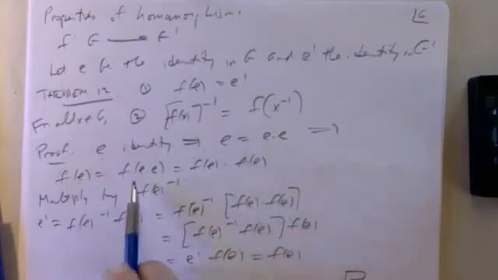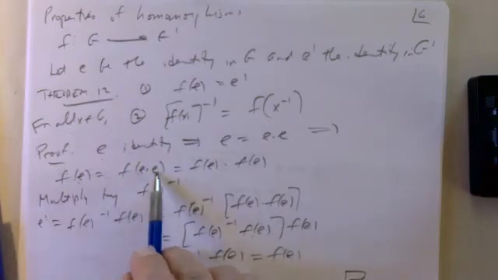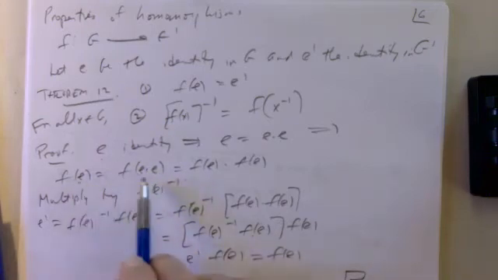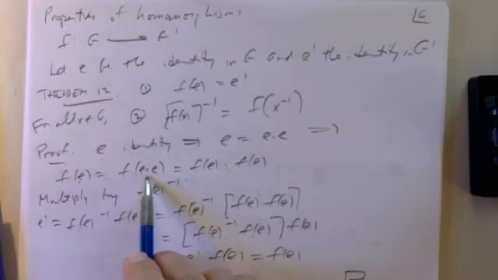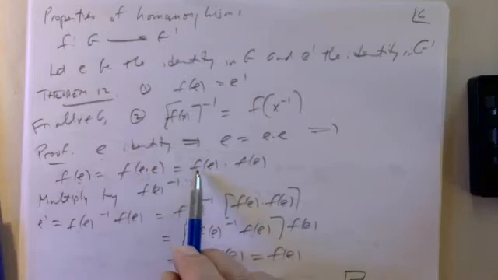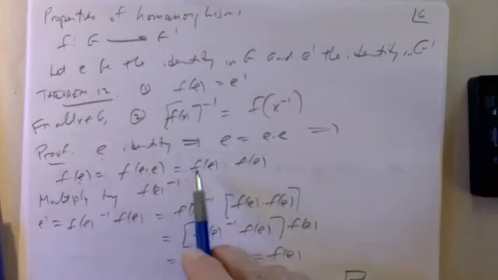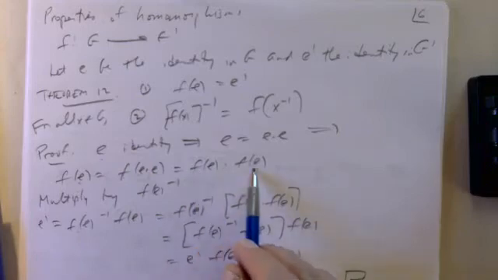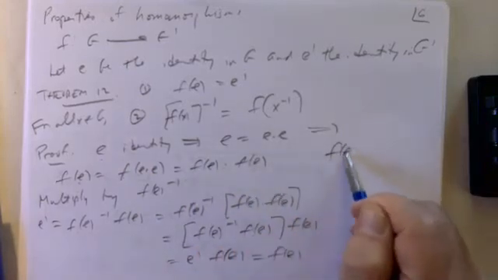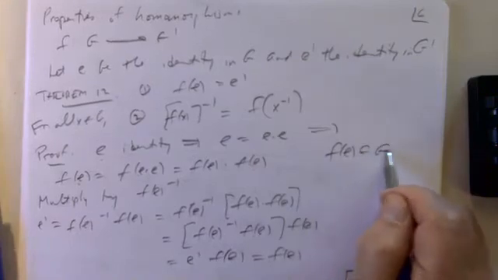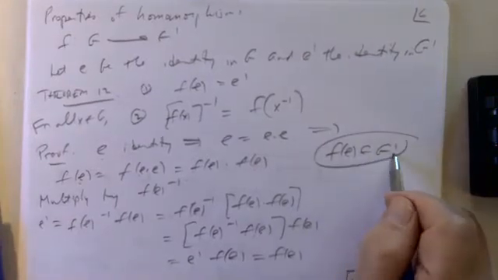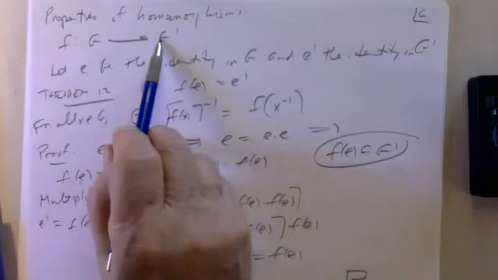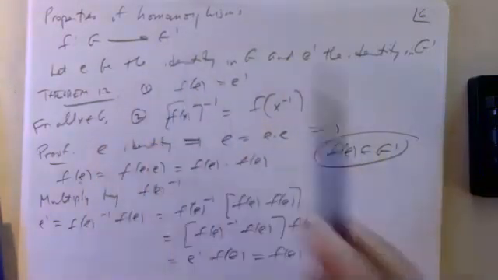Yes. So F of E is the same as F of E times E, because E is equal to E times E. And because F is a homomorphism, F of a product is the product of the F's. So this is F of E times E is F of E times F of E. And what do I know about F of E? All I know is it's some element in the group G prime, right? E gets mapped to something, F of E, in G prime.